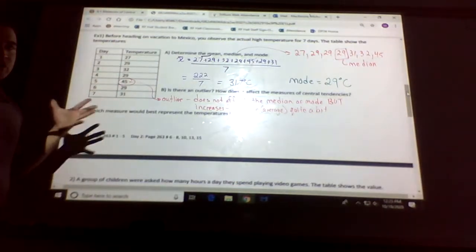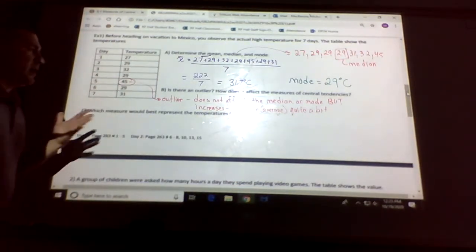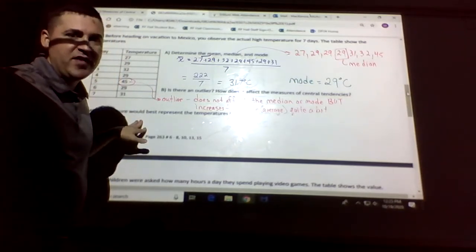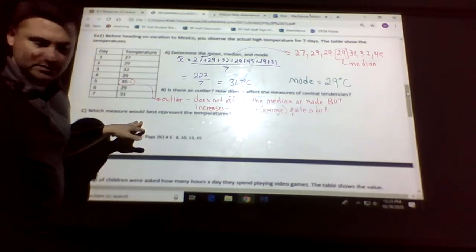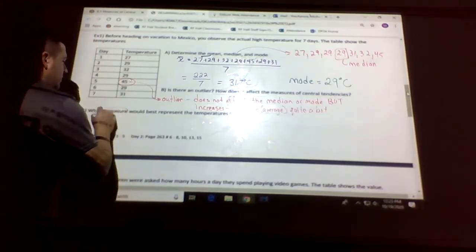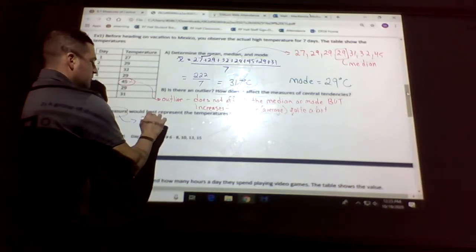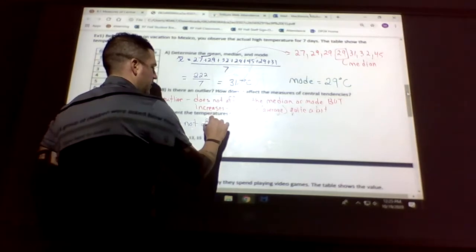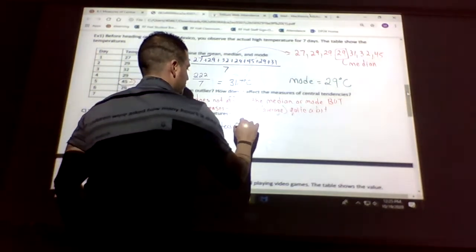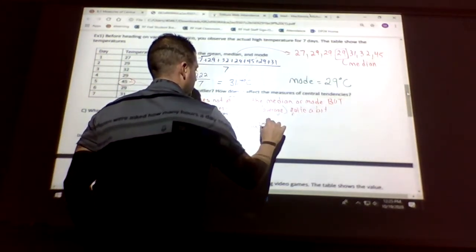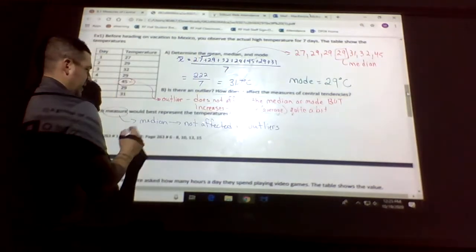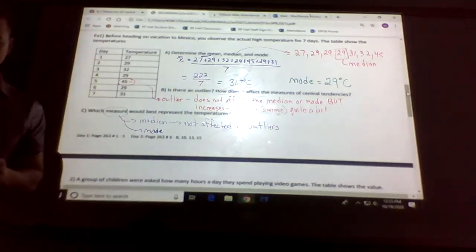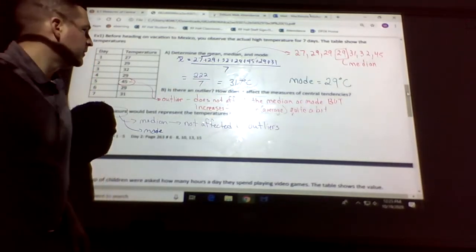But in most cases, it will be just the median, because it's the middle value and it's not affected by outliers. The mode is the same as the median in this case, but that doesn't usually occur.